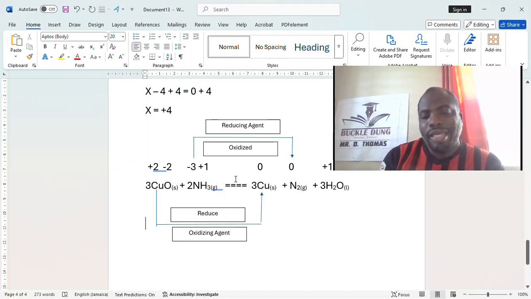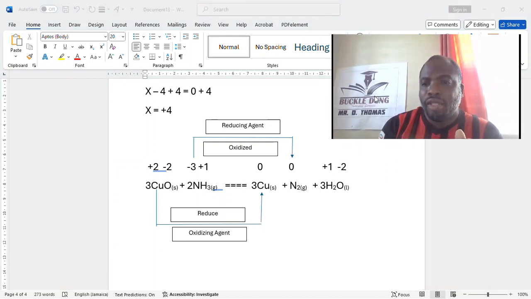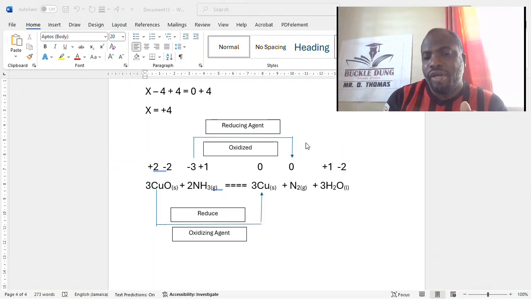Even without us working these out, I have to show you, because as I said before, not all equations may have hydrogen and oxygen in them for you to be able to track who loses or gains. Not all of them are straightforward.